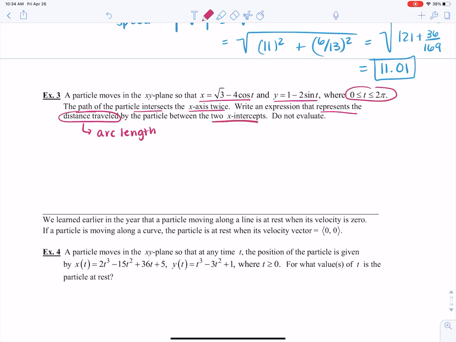So first off, if you want to find the x-intercepts, we are going to need our limits of integration. So when it says x-intercepts, that's implying that y equals 0. So I'm going to take my 1 minus 2 sine of t, and I'm going to set it equal to 0.